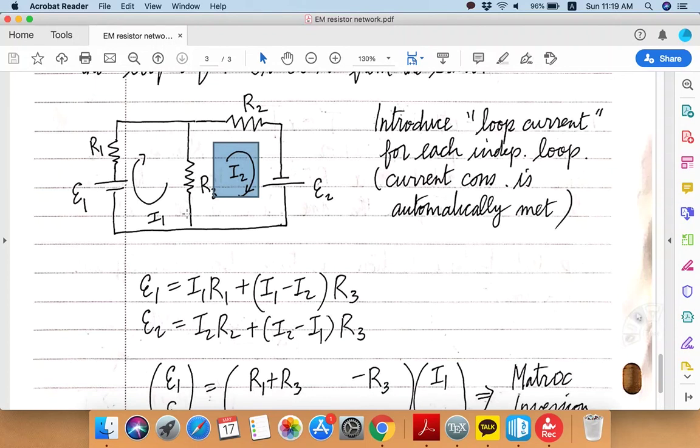But that situation always guarantees that the current at the node will always be conserved. So by assigning a loop current, in fact, you will have solved the first Kirchhoff rule automatically.